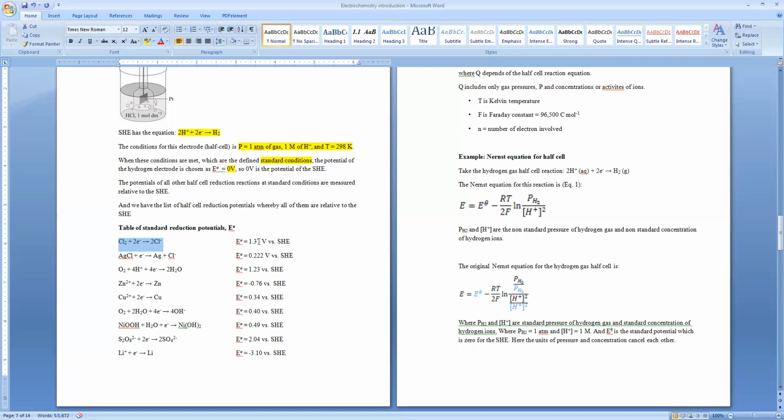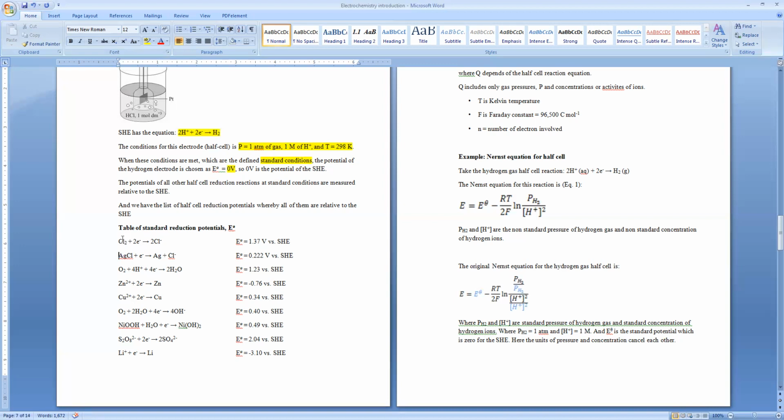So the potential of all these reactions, when they occur at standard condition, means the pressure must be 1 atmosphere for reactions which involve gases, the ion concentration is 1 molar, whether it is a negative ion or a positive ion, and the temperature must be 298 Kelvin or 25 degrees Celsius.